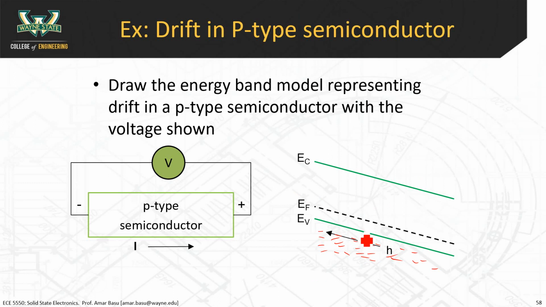The hole represents, let's say you have a state here and that state is full, meaning there are two electrons like this. If there's an empty state right next to it, the electron will go to the lower energy state, and that causes the hole to move in the opposite direction. So the holes moving up the slope is actually the electrons moving down the slope, and the holes end up just moving in the opposite direction.